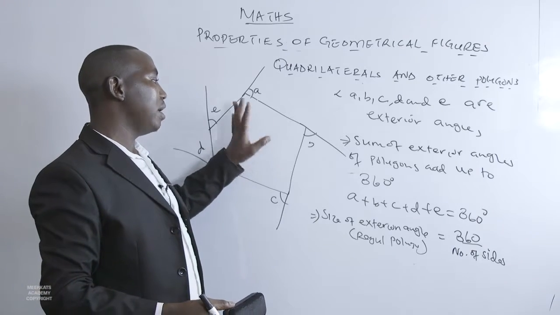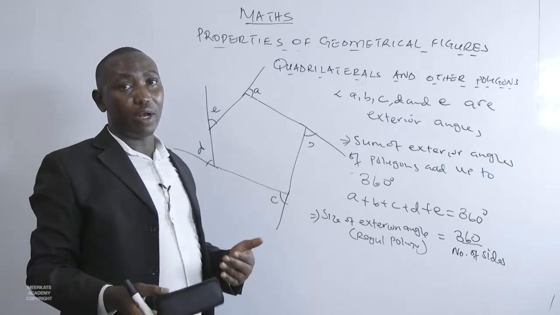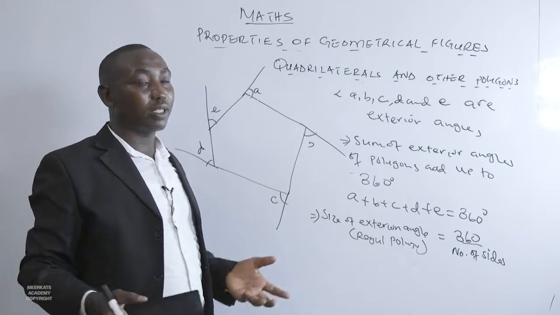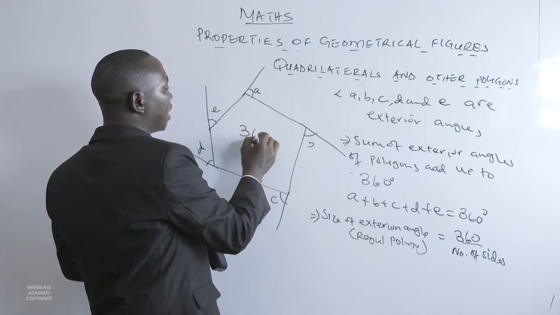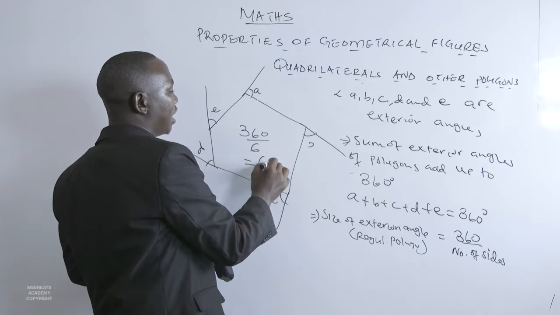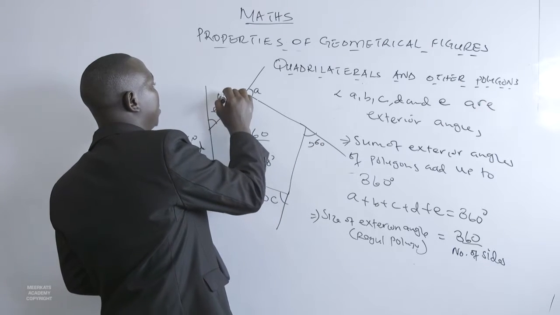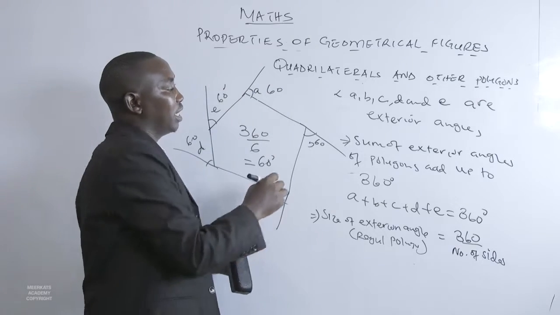Because as you can see, these are 6 sides. So in case it's a regular polygon and you want to get the size of each exterior angle, then we take 360 divided by n, and our n is 6. So this will give us 60 degrees, and that means each of them is going to be 60 degrees.